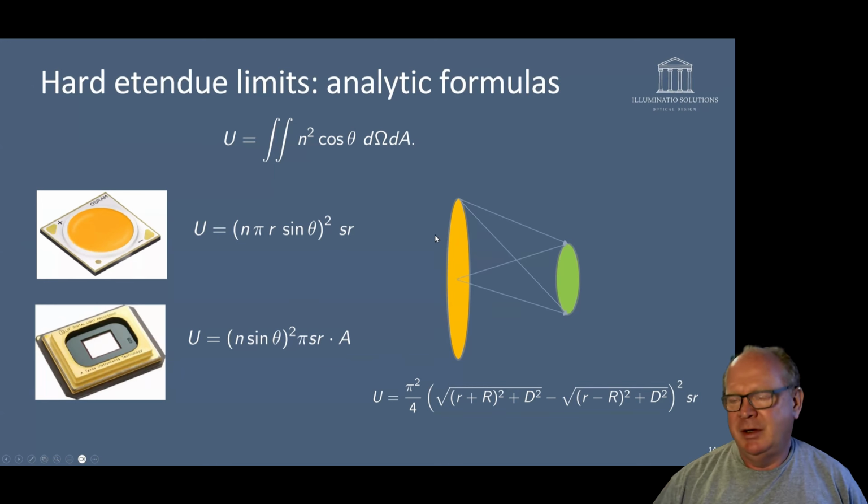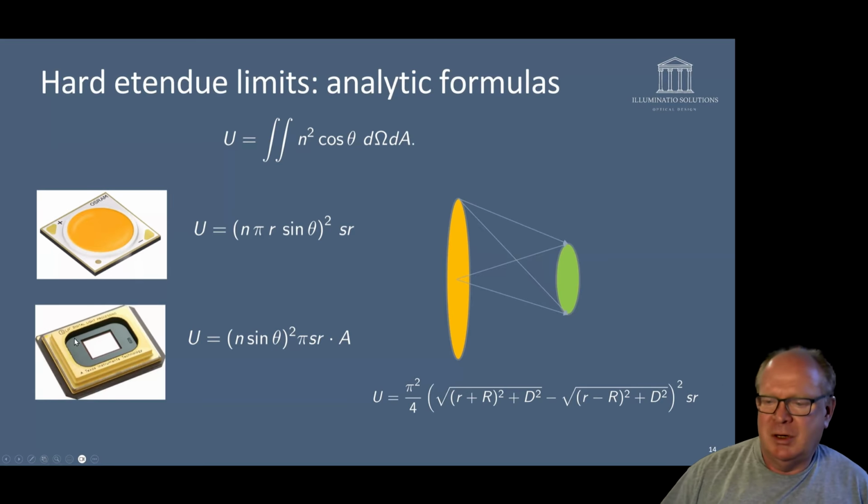For example, in the rotationally symmetric case, if I have a circular source where every pixel emits into the same angular cone, then I can apply this formula. Étendue is n times pi times radius times sine of theta squared. The same if we don't have a rotationally symmetric case. In case of an imager, this is area times n sine of the angle squared, and here times the area.